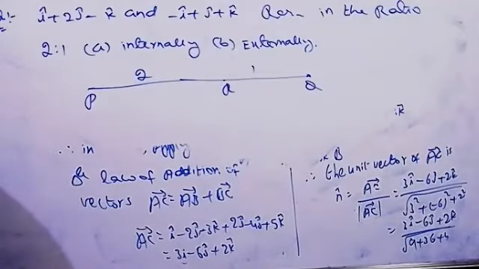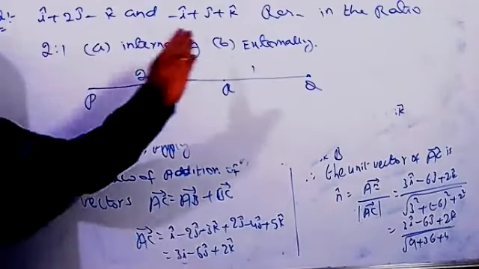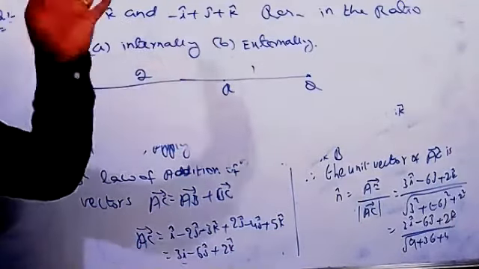Try yourself. Here we just need to find the parallel vector of point R. What is the meaning of parallel or collinear? The same thing only, we know the condition, find directly. The two vectors we are taking here are OP and OQ.